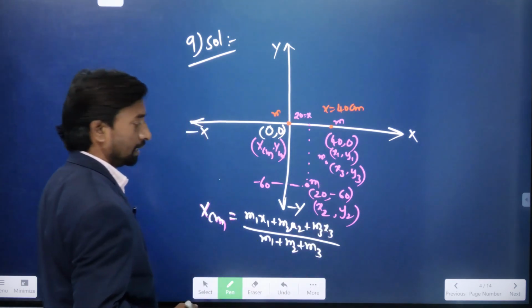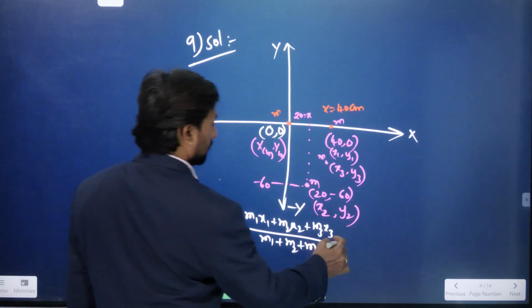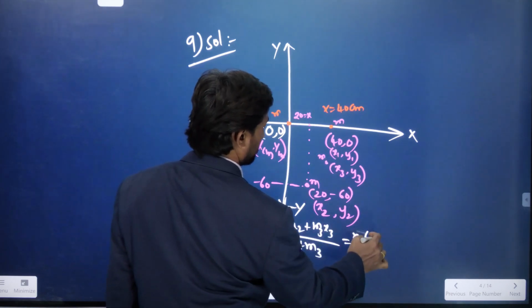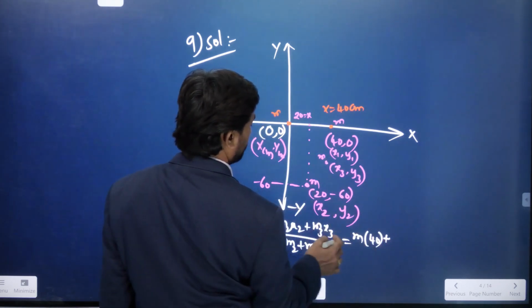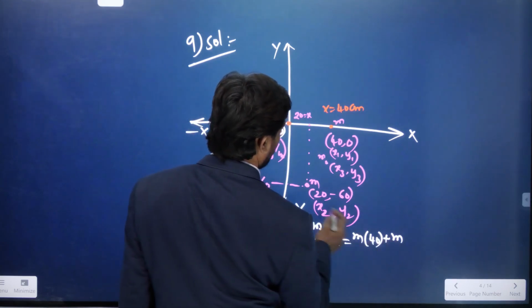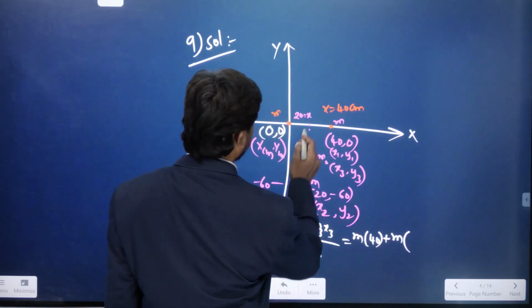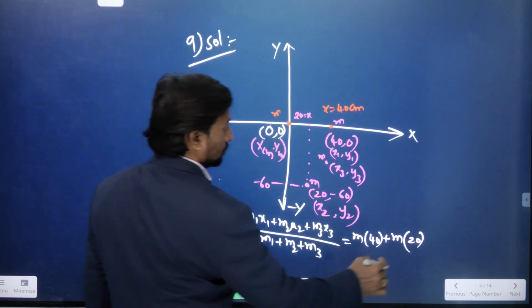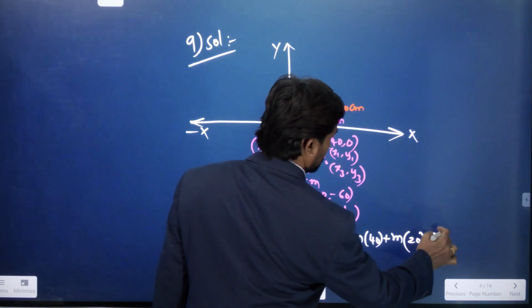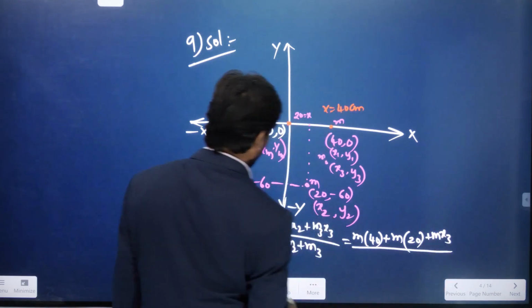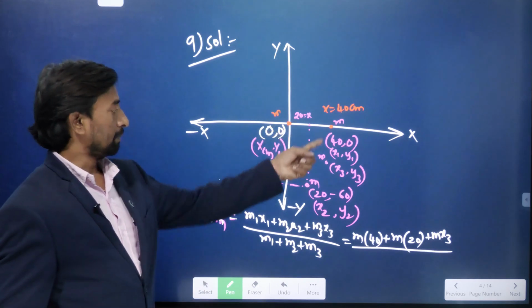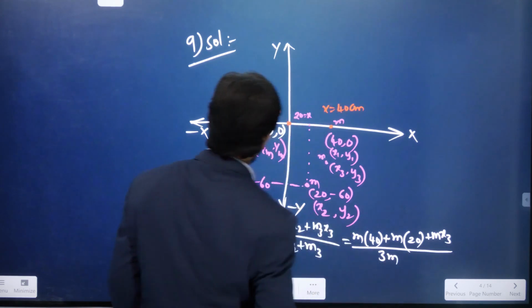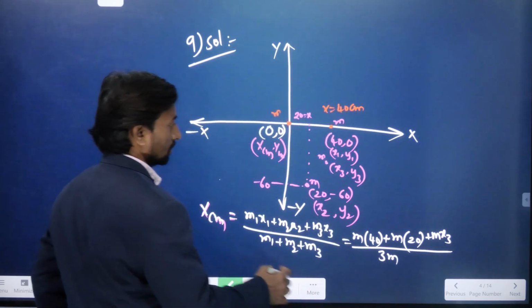Now write it down. The mass is the same, m, and x1 is 40, plus m times x2, which is 20 centimeters, plus m times x3, divided by m plus m plus m, which is 3m. And this xcm is 0.